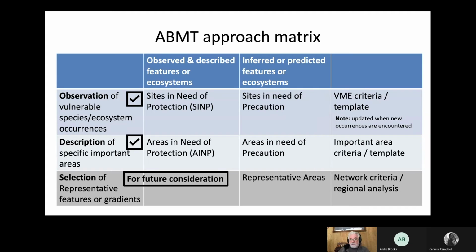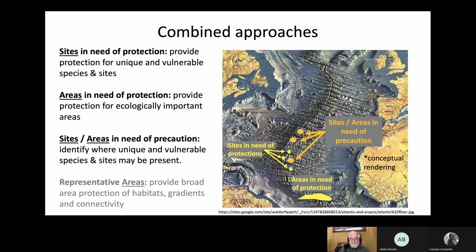They were discussed, but not considered and not mapped during the EVERA workshop. So this combined approach ended up with three different categories of area-based management features that were described: sites in need of precaution, sites in need of protection, and areas in need of protection were mapped from the outcomes of the EVERA meeting.